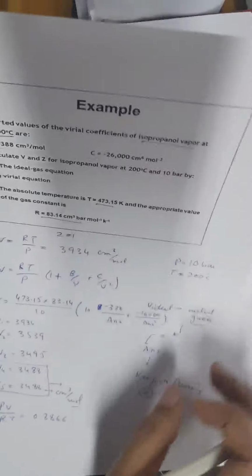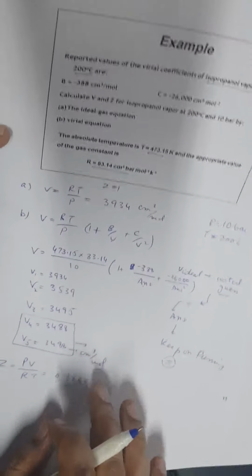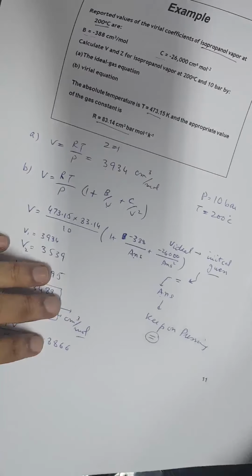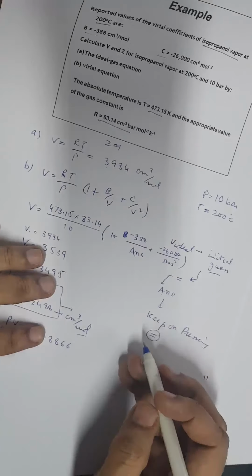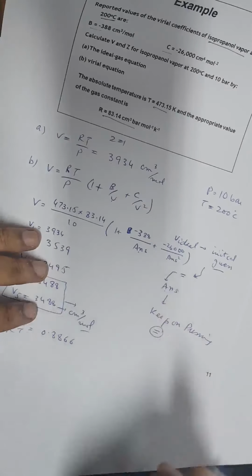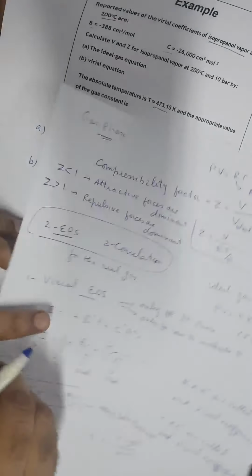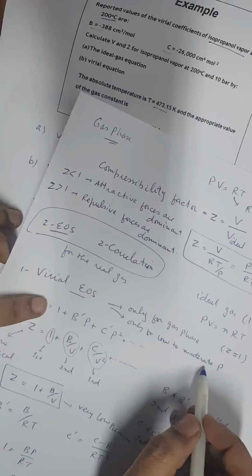There are some drawbacks of this equation. This equation is only valid for low to moderate pressure. I told you, only for low to moderate pressure and only for the gas phase.